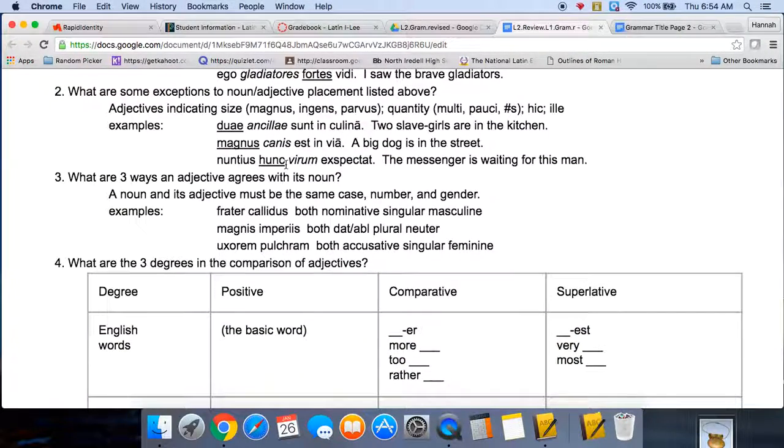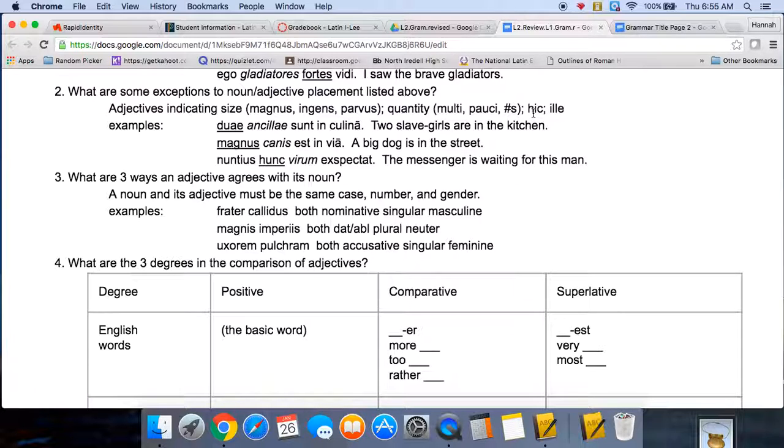Okay, for number 2, sometimes an adjective shows up in front of the noun like we do in English. You'll typically see that when you have adjectives indicating size, like big, huge, or small, they will come in front of the noun, like in English, or quantity words like many, few, and if you have numbers, like two slave girls, they typically come in front of the noun that they're describing.